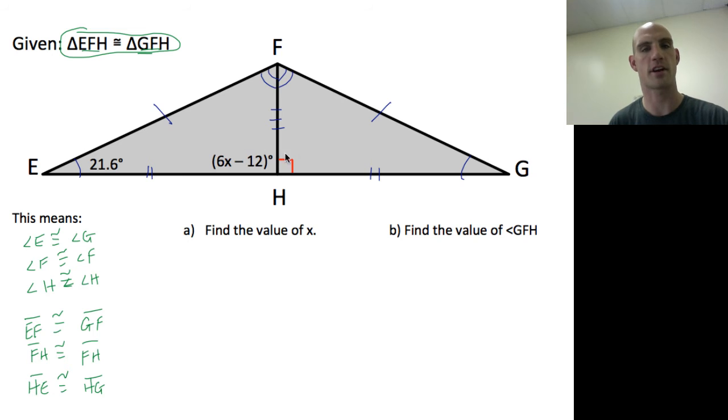So now let's look at this. I have these two triangles. Now normally I'd have to say EFH for this angle. But if I'm considering them as two separate triangles, angle F for triangle 1 is this one here, and for triangle 2, angle F is this angle here. So if I'm considering this triangle and I see angle H is congruent to angle H, this angle is congruent to this angle. So 6x minus 12 is equal to 90.